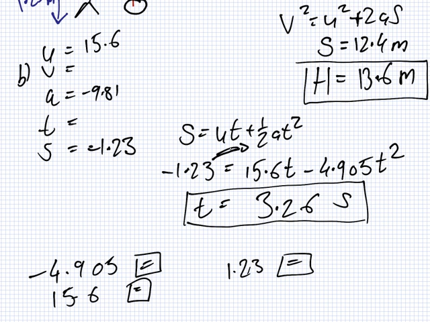Why is it not minus 1.23? Because I took this to the right. Because I need to make it equal 0. Oh. You get this? Continue. Great.